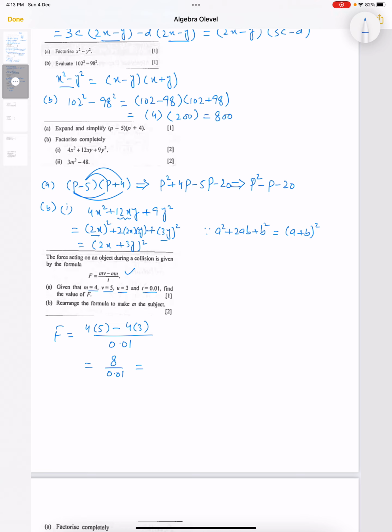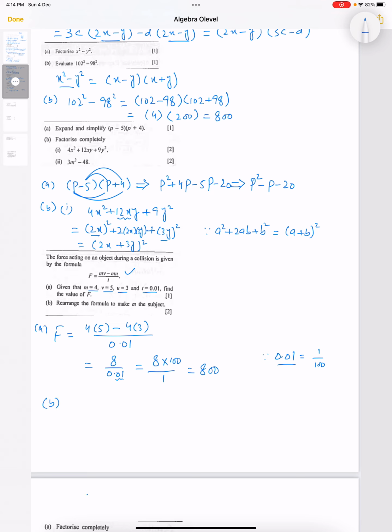Now if I remove the decimal point, we know that 0.01 is basically equal to 1 over 100. So since it is already in the denominator, 100 will come in the numerator over 1, and we have 800 as the answer. It was A part.